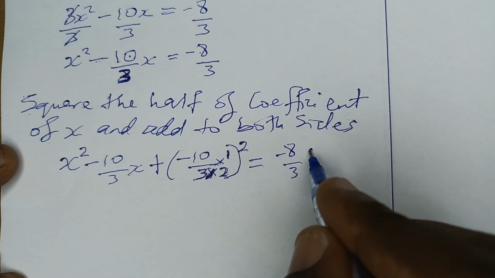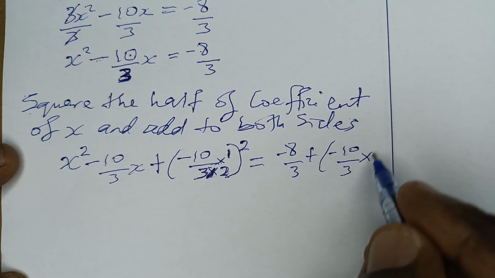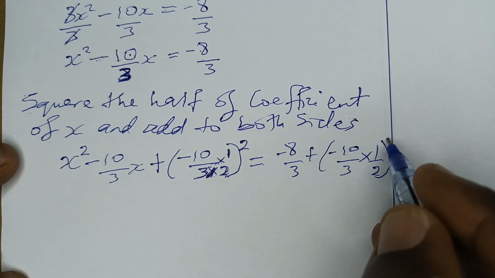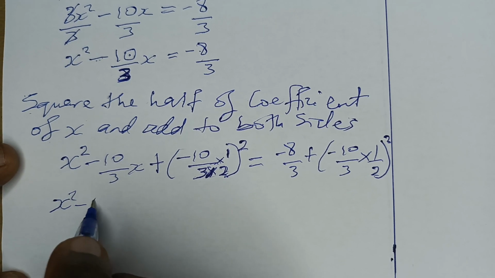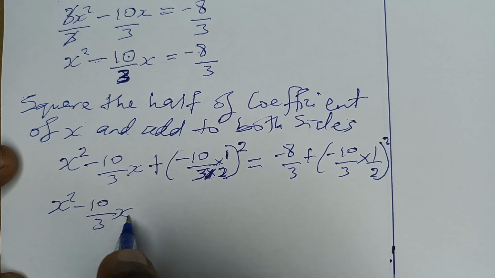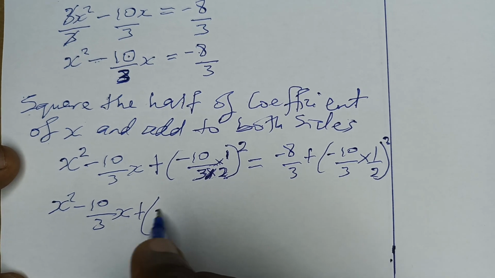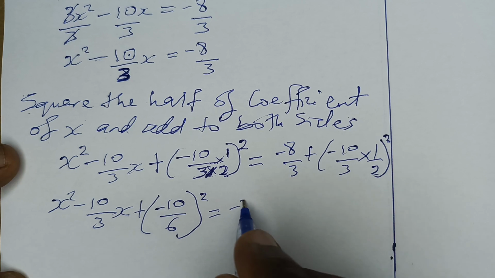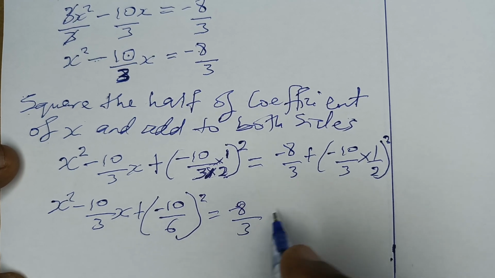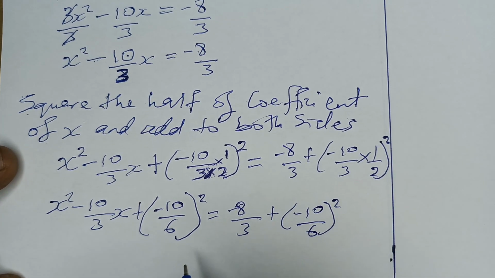We have to do the same thing: plus minus 10 over 3, half of it, and we have to square it. So in essence we have x squared minus 10 over 3 x plus minus 10 over 6 squared is equal to minus 8 over 3 plus minus 10 over 6, squared also.